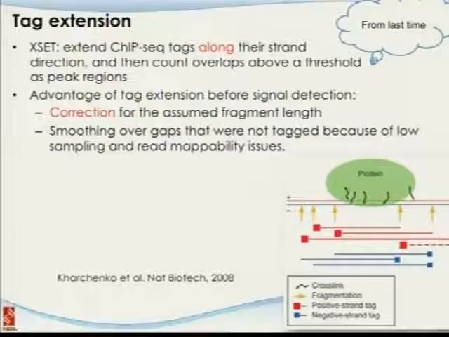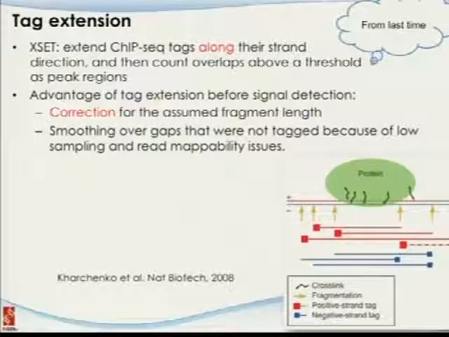The advantage of this type of approach is, number one, it corrects for the assumed fragment length. If it's 200 base pair, then instead of just the 36 of the sequencing read length, you extend it to the entire DNA fragment length. And also, it smooths over gaps. Because of the short reads feature, some regions may not be mappable.